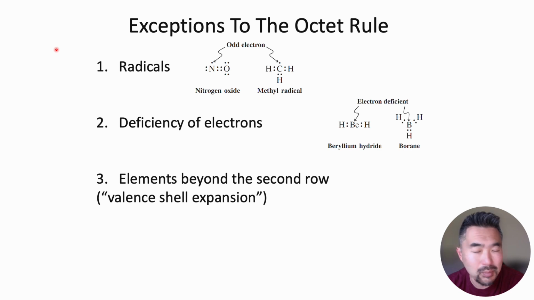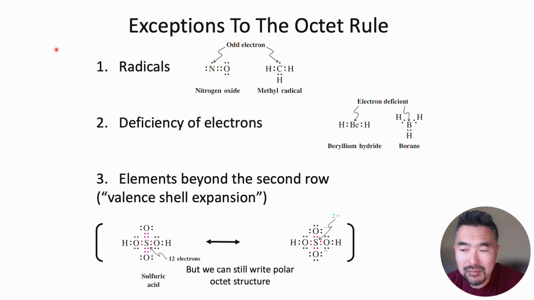Third row and below elements have d orbitals. And for that reason, they can have more than 8 electrons, and that's perfectly fine and natural, or I should say, low energy. So here's an example.